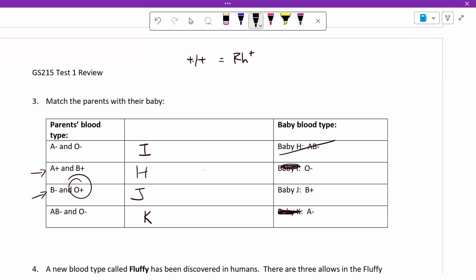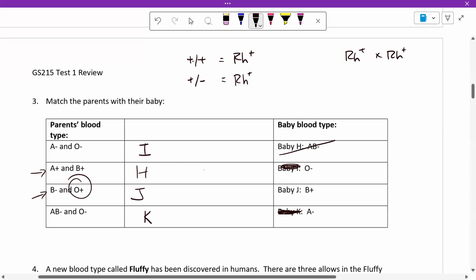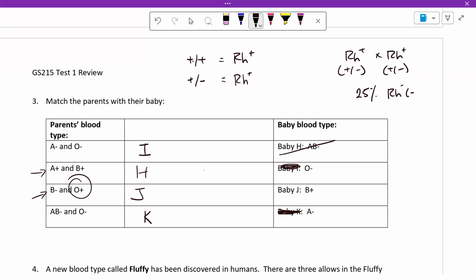But the person can also be positive/negative heterozygous, and it will also be positive, right? So if I have two Rh positive individuals who are both heterozygous, and you do the Punnett square, there is a 25% chance that they're gonna have a negative baby, right? It's only when they're negative that they are homozygous and that they're guaranteed to have a type O baby, right?